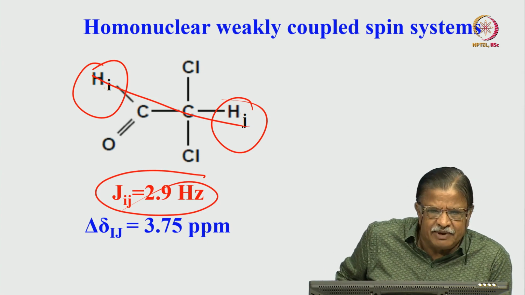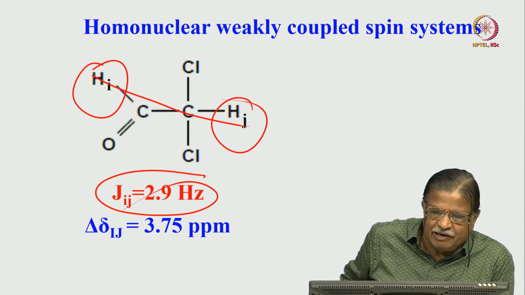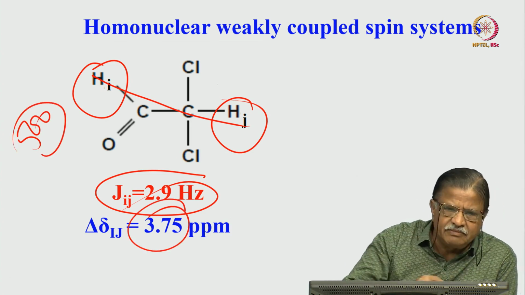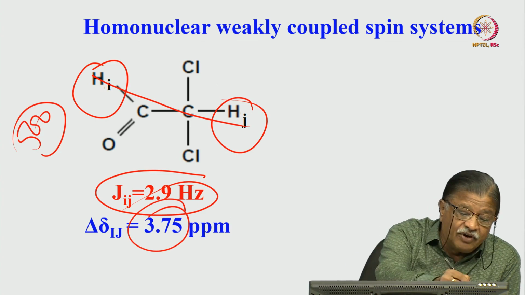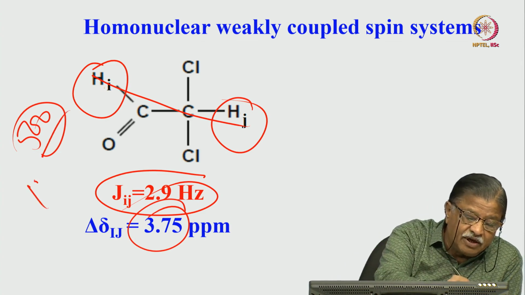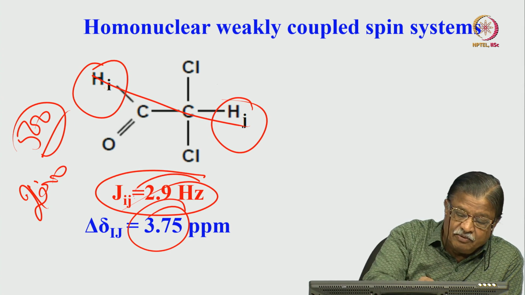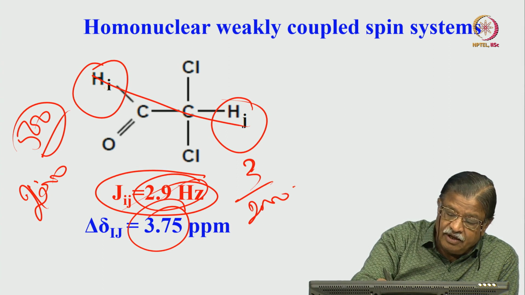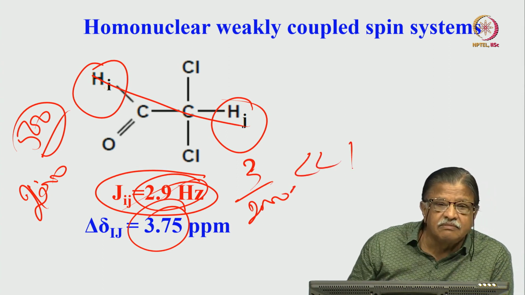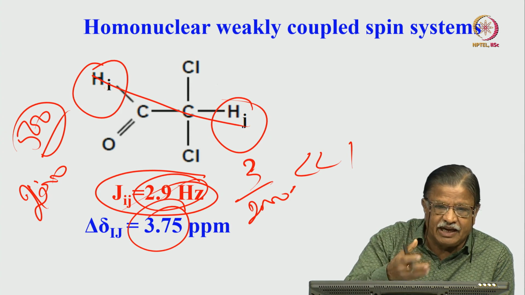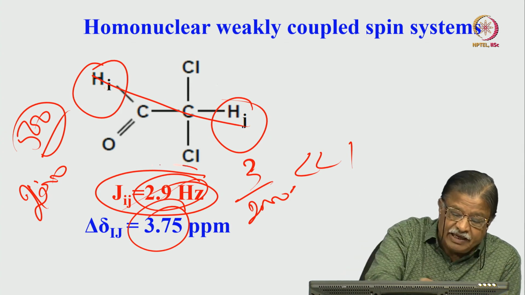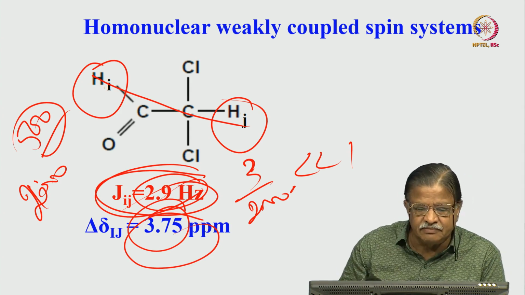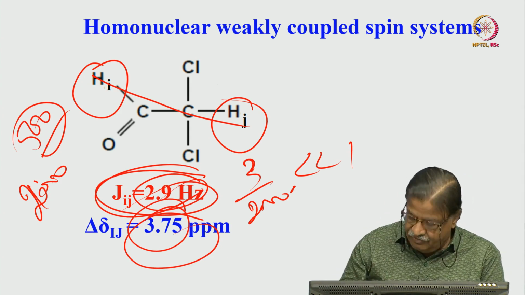Let us say you take the spectrum in a 500 megahertz spectrometer, 3.75 ppm, take 4 for calculation, 4 ppm in 500 megahertz is 2000 hertz, and this is 2.9 hertz. 2.9 or 3 by 2000 is much smaller than 1. Obviously, it is a weakly coupled spin system, because the coupling here is much smaller than the chemical shift difference between these two protons. This is one example of a weakly coupled spin system.